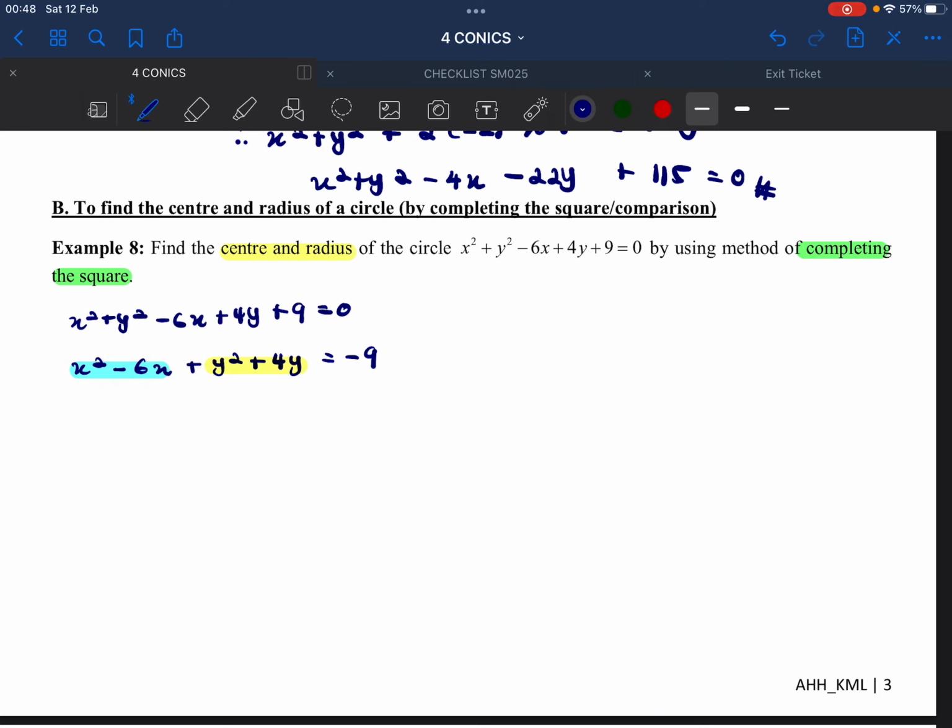First we have x squared minus 6x plus (b over 2) squared, where b is negative 6, so negative 6 over 2 squared. Whatever we add here, we have to subtract.